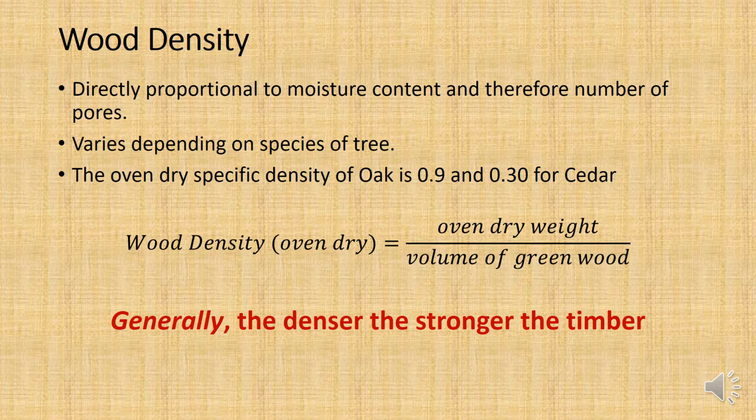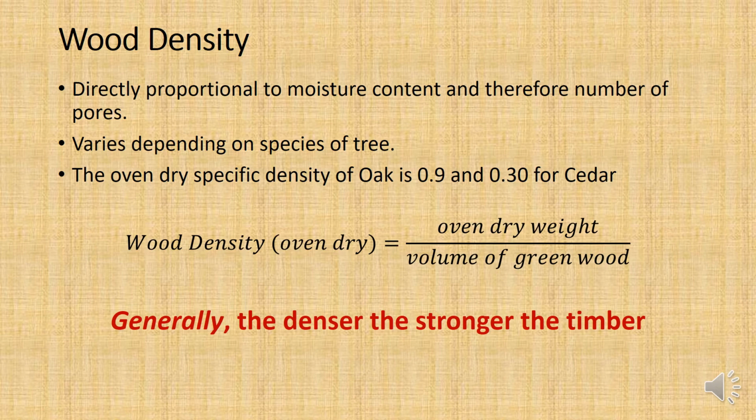So we dry the wood out, we get it right down to the EMC, equilibrium moisture content, and we divide it by the volume of the wood when it's green, meaning when it's first cut. So that's how we work out density. And this is just a way to have it standardized, because obviously the density of the wood is going to vary depending on what the moisture content is.